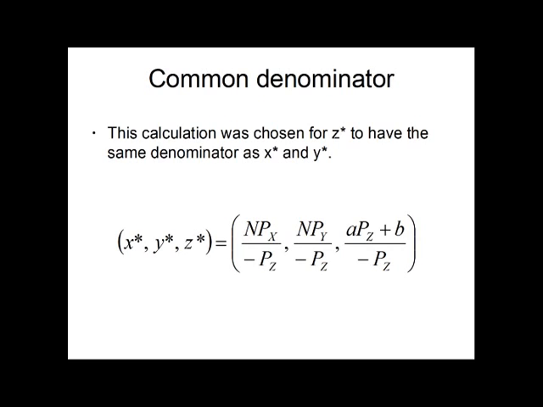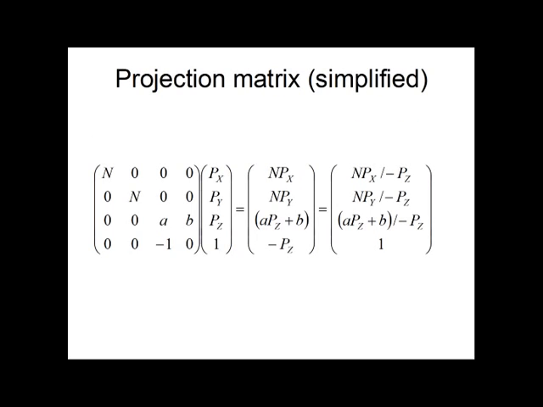And the reason for the common denominator being that we're going to set up a projection matrix like this. And if we can set this minus 1 up in the bottom line of the matrix in the third column rather than 1 in the fourth column as we're used to, we end up with minus pz in the fourth coordinate of the homogeneous coordinates, which represents a division by minus pz throughout all the other coordinate parts.